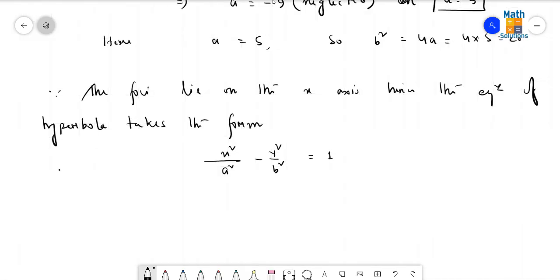Let us put the respective values here. This implies x square by 5 square minus y square by 20 is equal to 1. That can further be written as x square by 25 minus y square by 20 is equal to 1. So this is how, when latus rectum is given, in that case we can find out the equation in this way. So this is the answer.